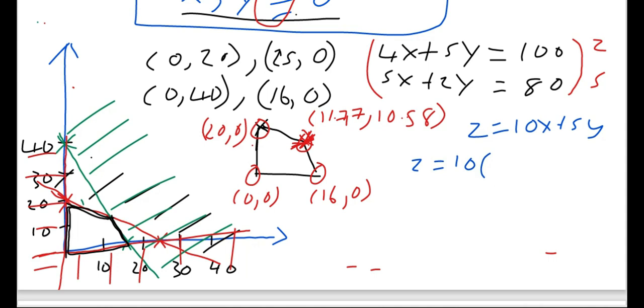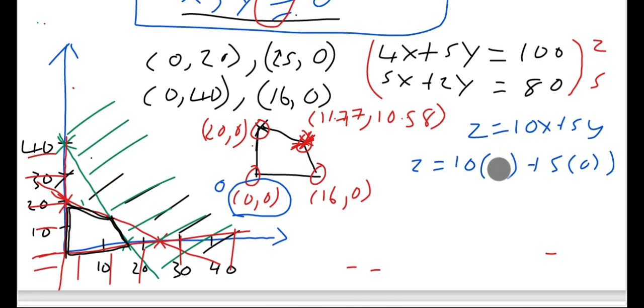If we substitute on this point here, you'll get 0, 0. So 10 times 0 plus 5 times 0, of course you're going to get the answer as 0. So here the answer is 0. Now when we substitute on the other point, which is 16 for x and 0 for y, you'll get 160. So this will be 160, this point here.